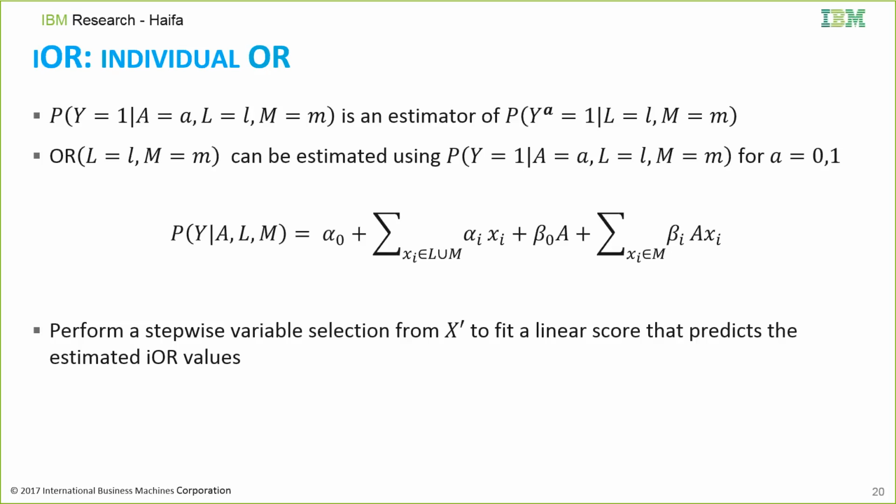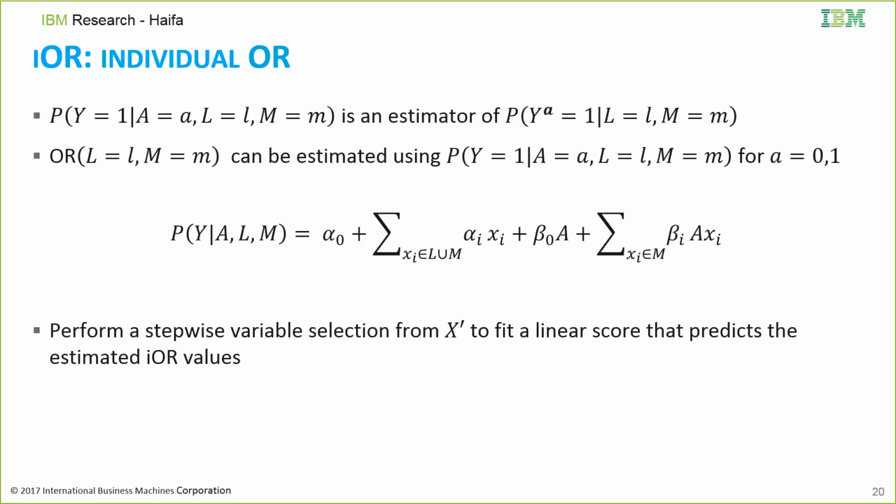The other approach is actually based on standardization. We compute a model that predicts the outcome given treatment, the confounders, and the effect modifiers, so everything, all the information you have on the full set of features. For this you can compute the odds ratio, so for each patient you have patient-specific odds ratios, which we call individual odds ratios.